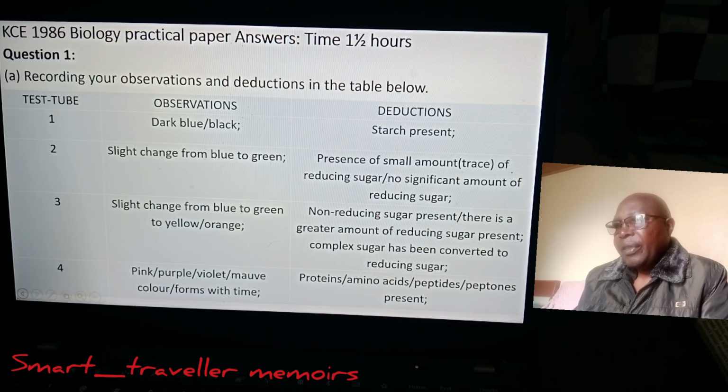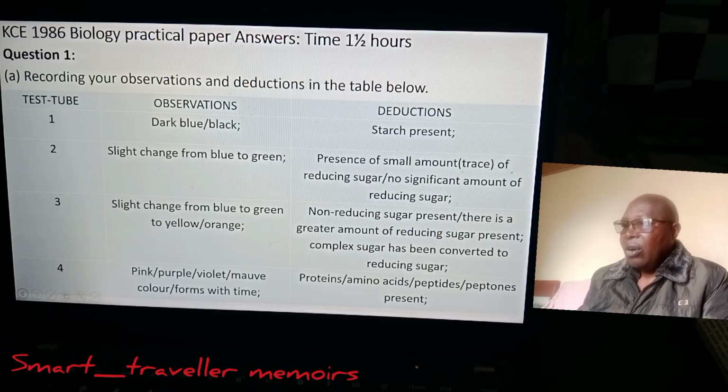Number 3, the observations were slight change from blue to green to yellow or orange, and the deductions were non-reducing sugar present. Or, you say, there is a great amount of reducing sugar present. Or, you say complex sugar has been converted to reducing sugar as your deduction.